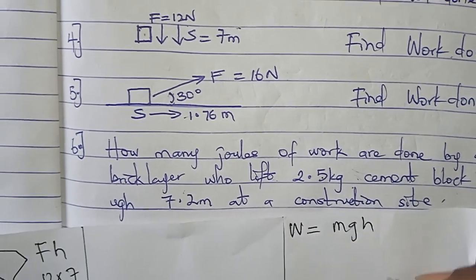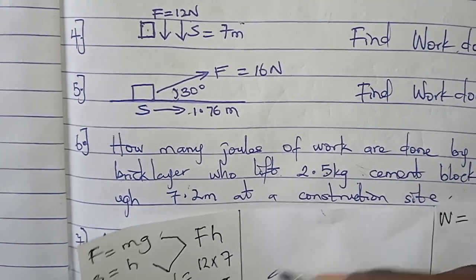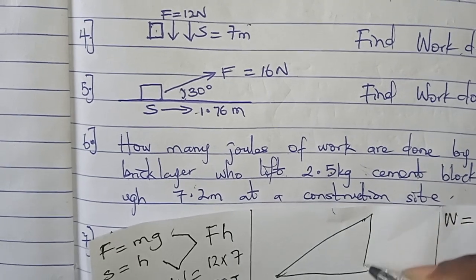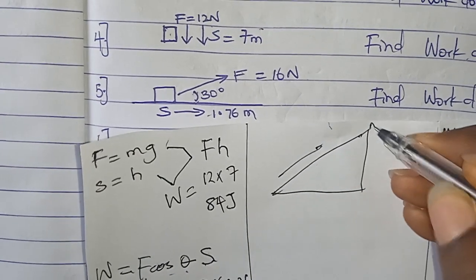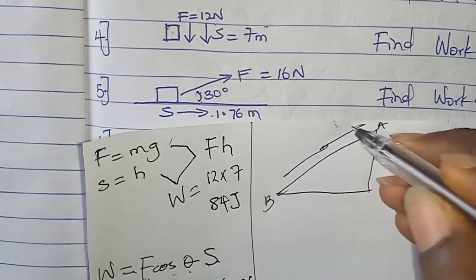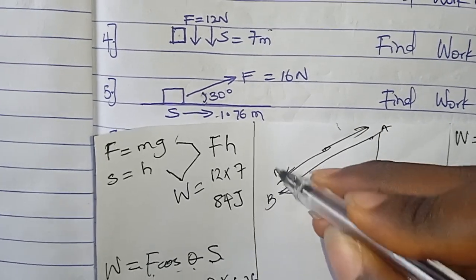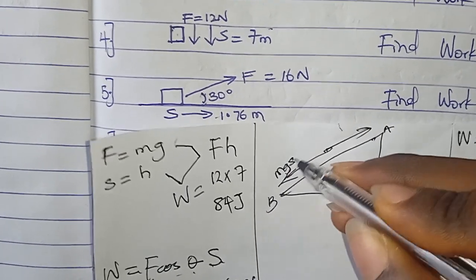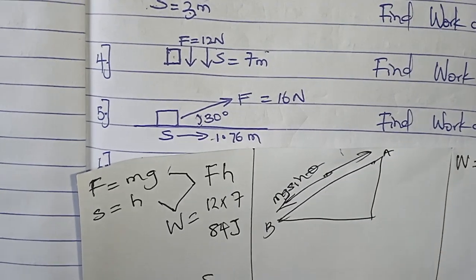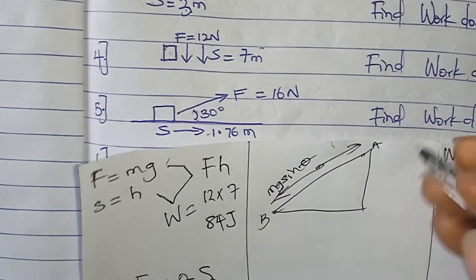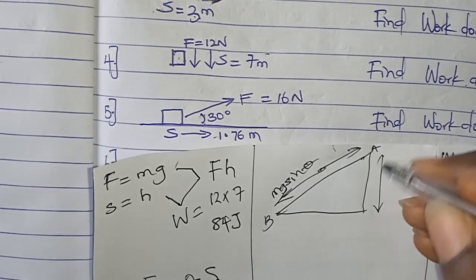Remember that if I have a body that is on an inclined plane, let's say this is A, this is B, that the work here that is happening here is mg at an angle which is sine theta. If you remember, x-axis, sine theta. So let's say we have AB, then let's say everything here is h.